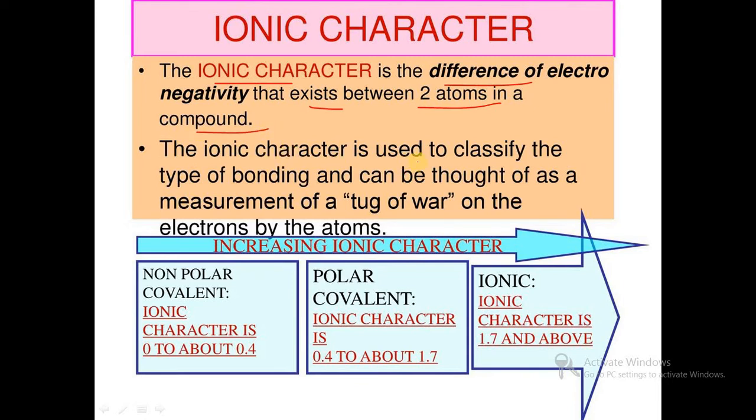The ionic character is used to classify the type of bonding and can be thought of as a measurement of a tug of war on the electrons by the atoms. So there is a war to attract the electron towards itself. In the case of increasing ionic character, first is the non-polar covalent bond, then we have discussed the polar covalent bond, and lastly the ionic bond.